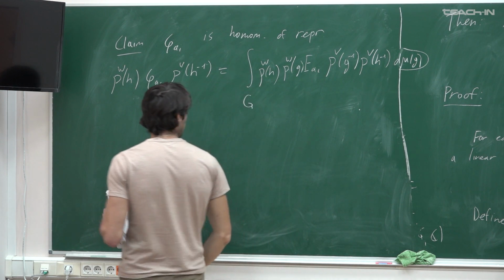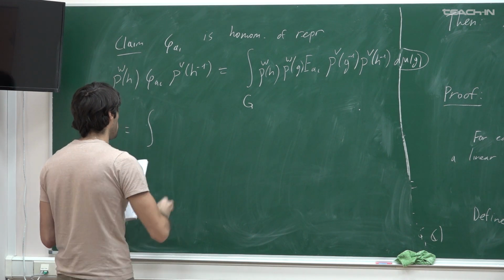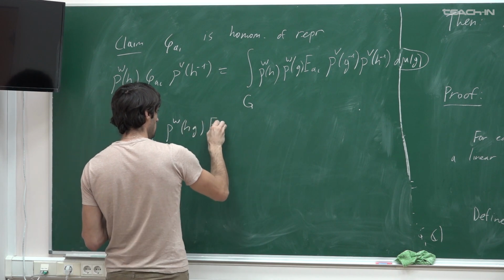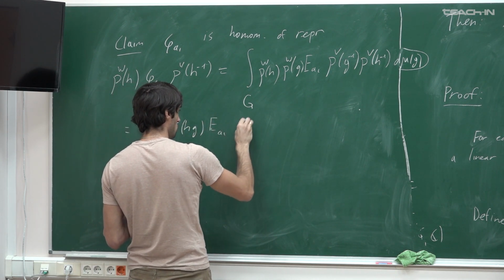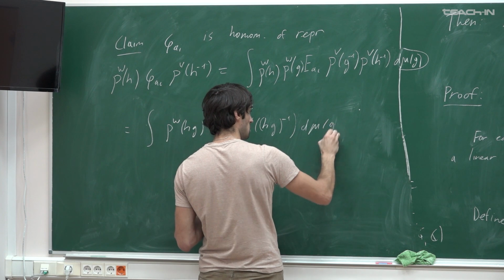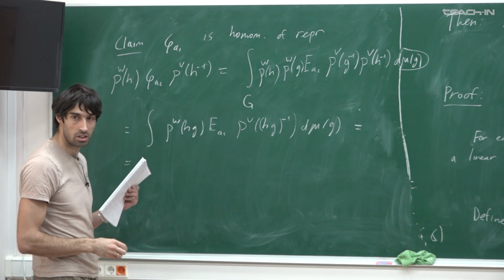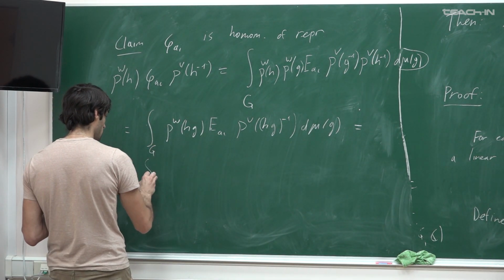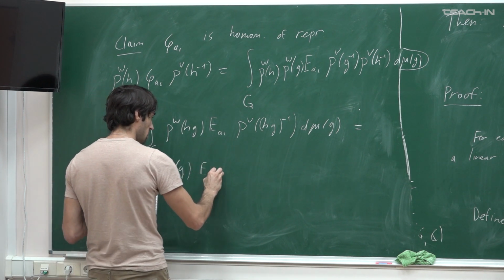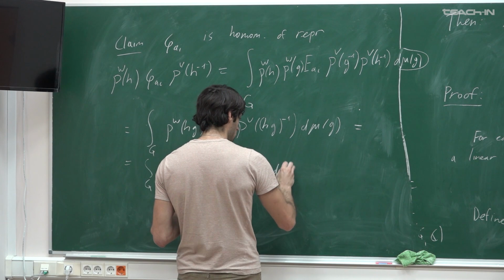Okay, but this is then the integral of rho_W(hg) E_{a,i} rho_V((hg)^{-1}) d mu(g). Then I use left invariance of Haar measure, and I can now write that this is the integral over G of rho_W(g) E_{a,i} rho_V(g^{-1}) d mu(g).